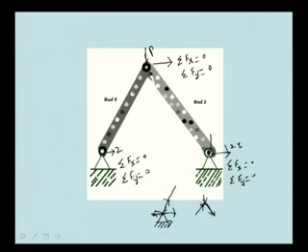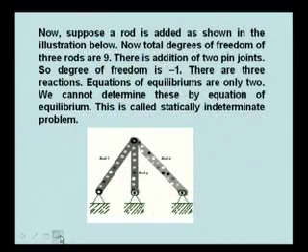Two reactions, x component and y component, at this one another x component and y component, and at the same time this force itself and the force on this. So 6 unknowns, 6 equations, that means you can solve this problem.